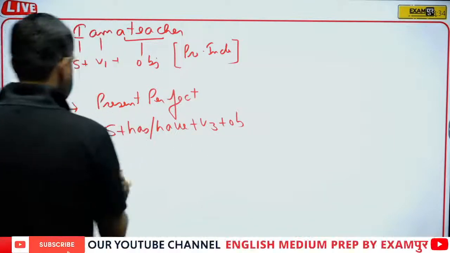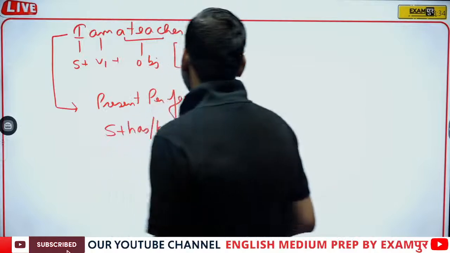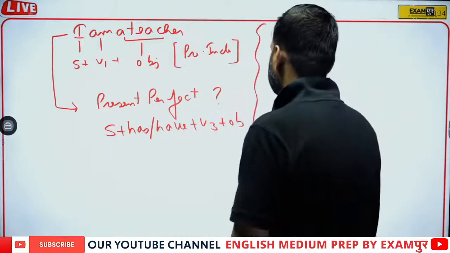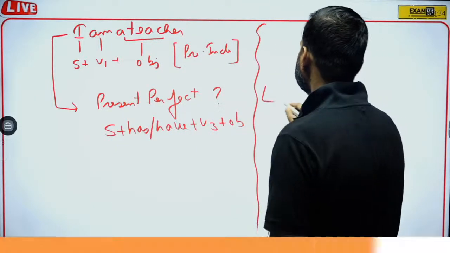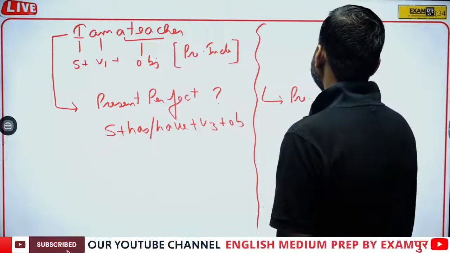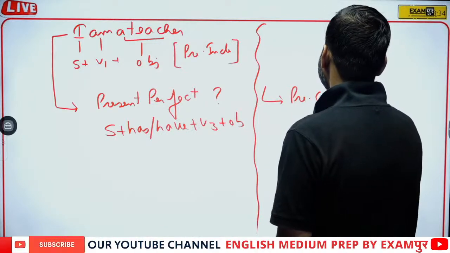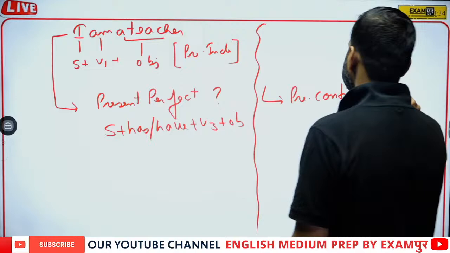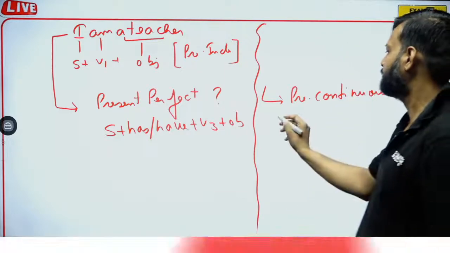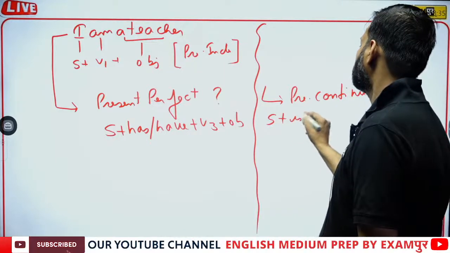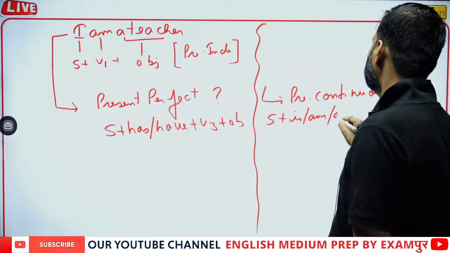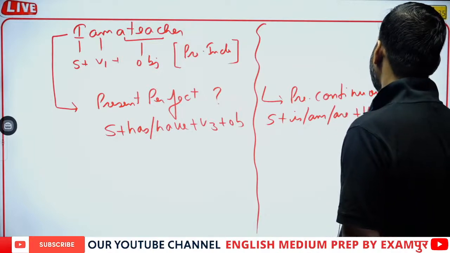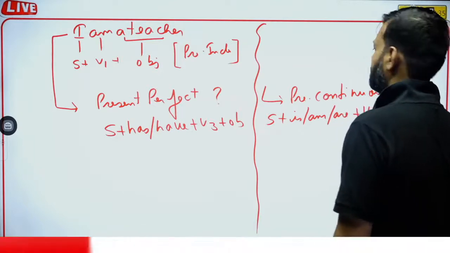After that, change the same sentence into present continuous. What is the structure of present continuous? Subject, is, am, are, ing form and object.